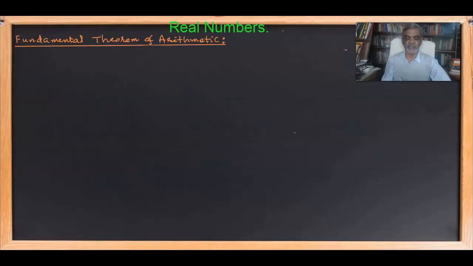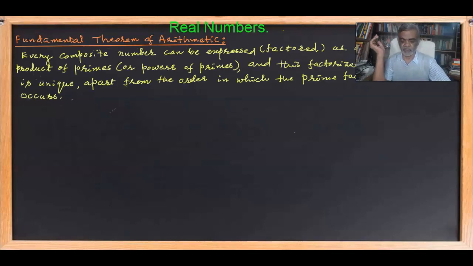Now we will state the fundamental theorem of arithmetic. Every composite number can be expressed as the product of primes or powers of primes, as you have seen already with some particular composite numbers. And this factorization is unique apart from the order in which the prime factors occur.